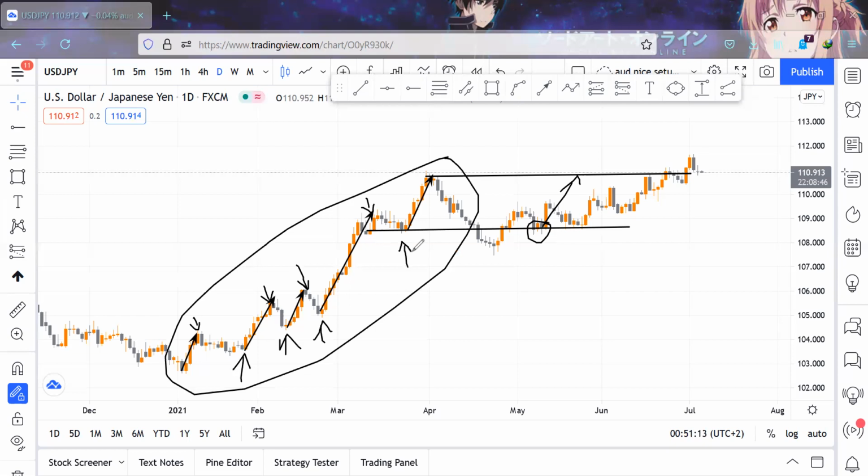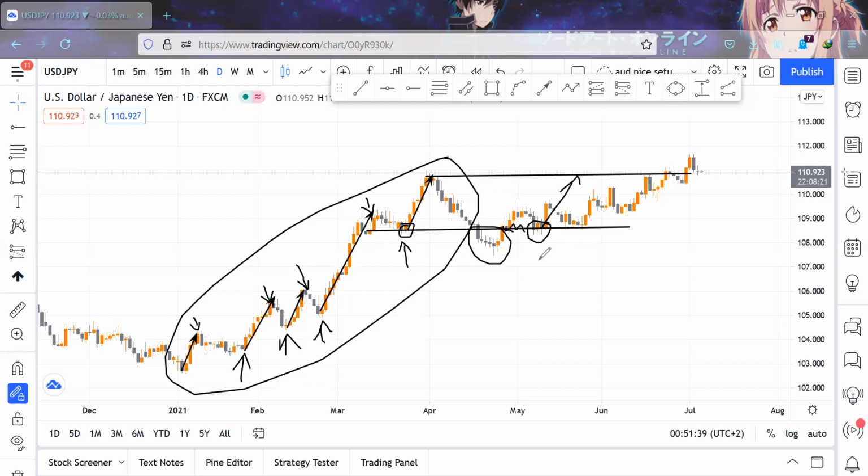So for us to consider looking for selling opportunities, we would like to see this higher low being broken and retested. Now we can see that here we actually had a breakout, but that breakout didn't retest here, right?